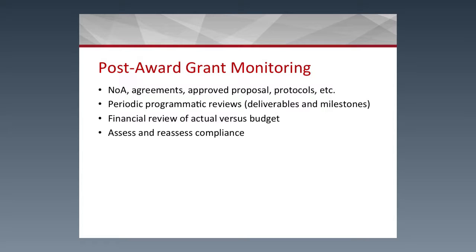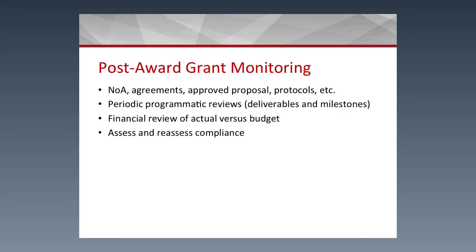That's the first thing, but also to see whether not only that you're going in the right direction, but also that those deliverables and milestones are being achieved as planned in the initial approved application. And again, this review should be not only on the scientific aspects of the grant, but also on the financial and management aspects of it.